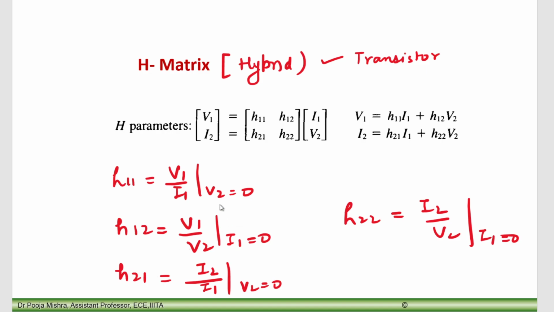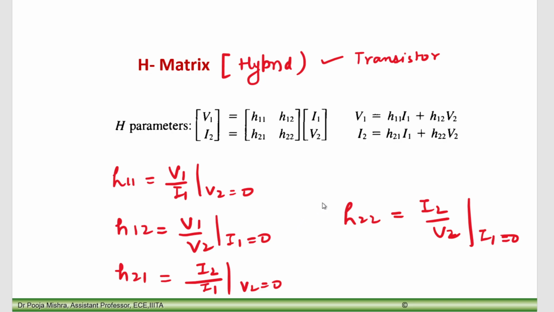H21 is equal to I2 by I1, the forward current gain when port 2 is short circuited. H22 is equal to I2 by V2, the output admittance when port 1 is open circuited. So this parameter is also determined when one of the ports is either short circuited or open circuited.